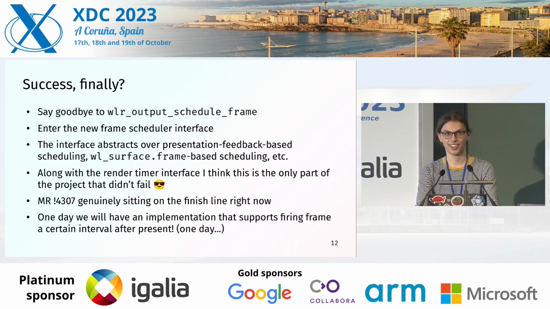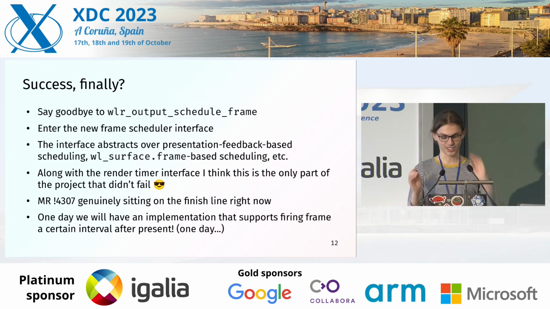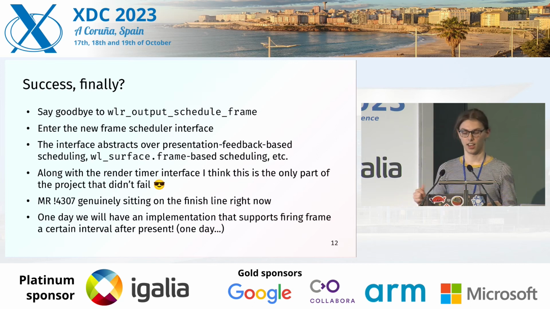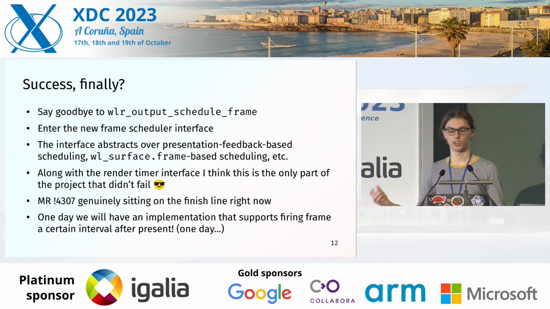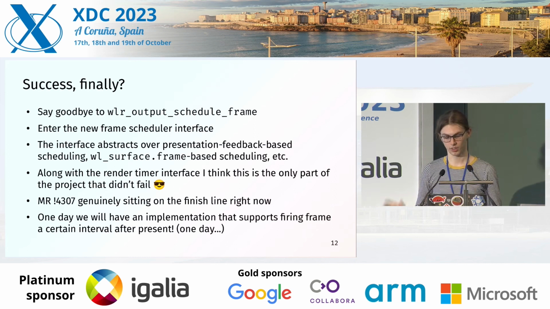And one day, with the new interface, I did design it, of course, with this in mind. My original goal was to wait after present before rendering. And that is not implemented by the new interface, but it will be pretty simple to add another implementation of the interface on top of these ones that we already have, that will support compositors saying, okay, the next frame I think is going to take 6 milliseconds to render, so please wait 10 milliseconds before you start it.